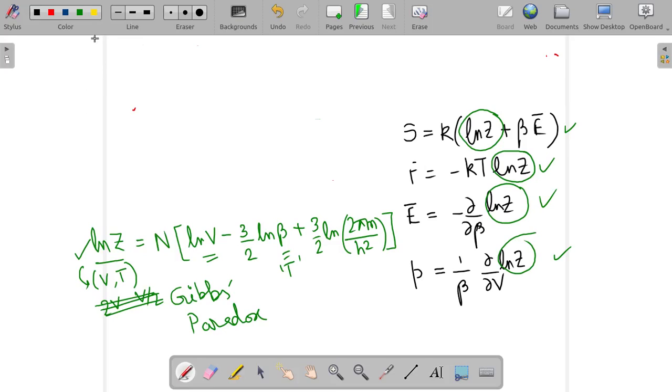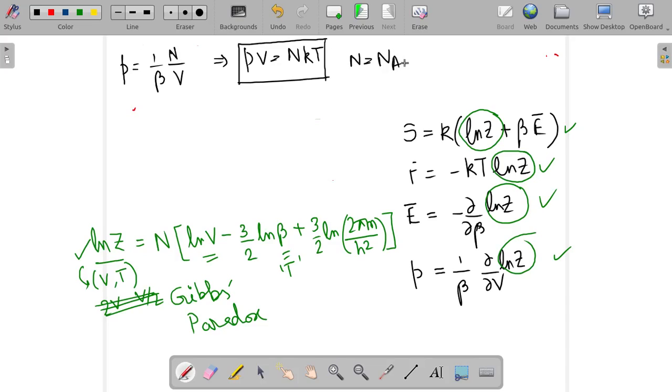First P equal to 1 by beta del V log Z, so it is N by V, therefore PV equal to NkT. Now if n equals Avogadro number, then this is RT. If n is equal to Avogadro number, then obviously the amount of gas is 1 mole.